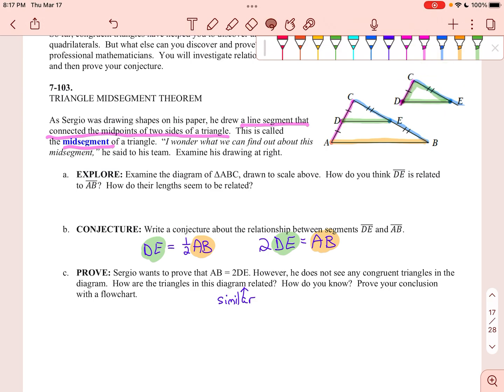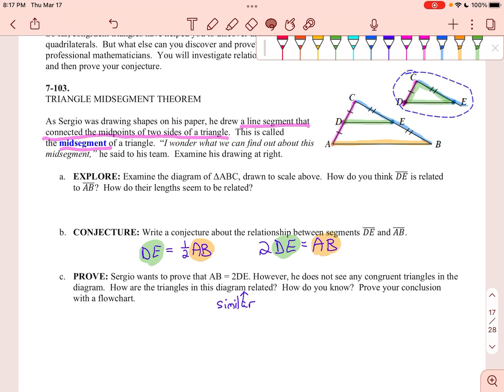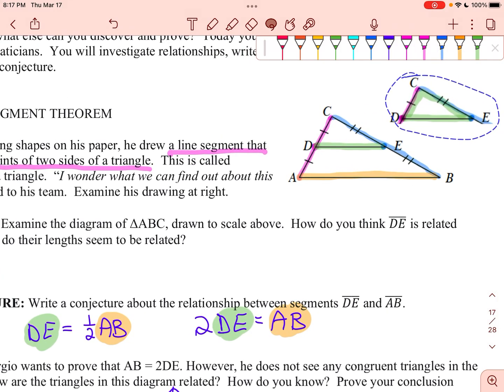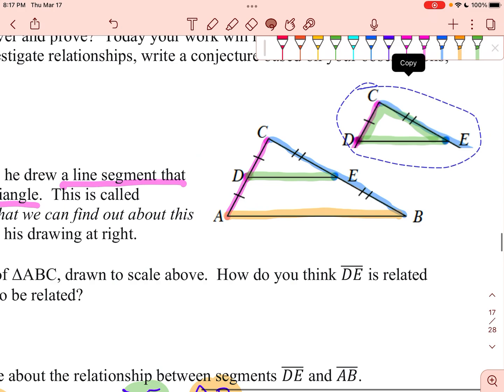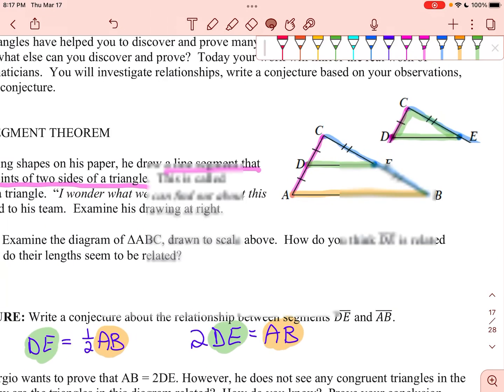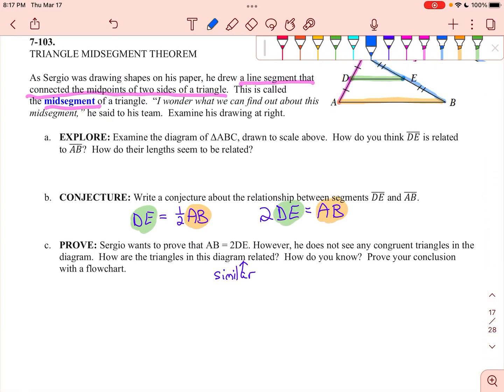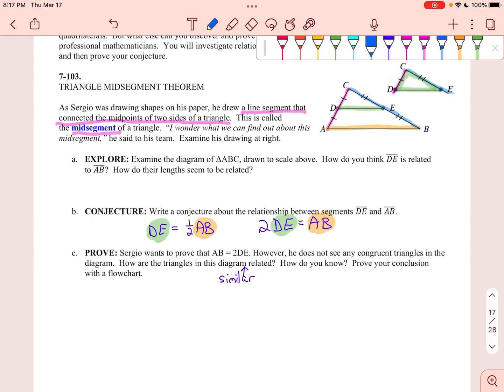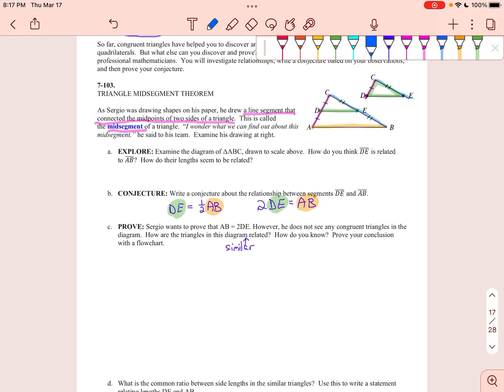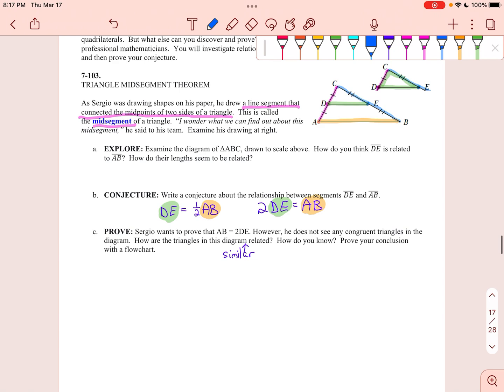So I'm saying that this smaller triangle, CDE, is similar to that bigger triangle of CAB. Sorry. It says, how do you know, and then prove using a flowchart. Okay, so let's start with our flowchart.